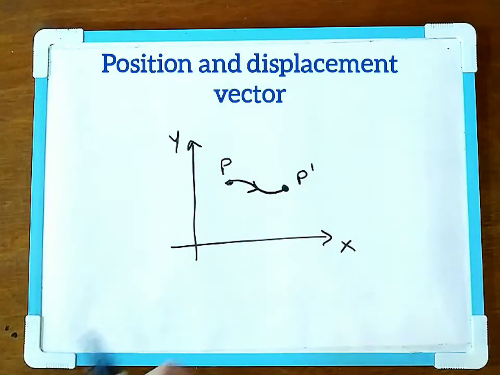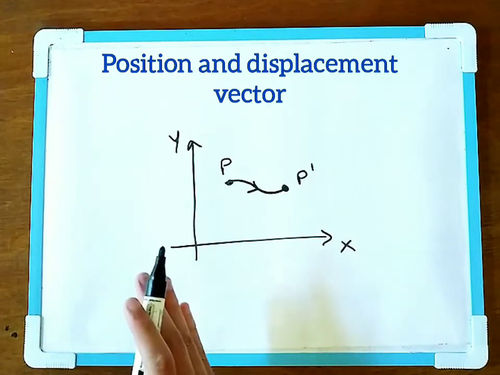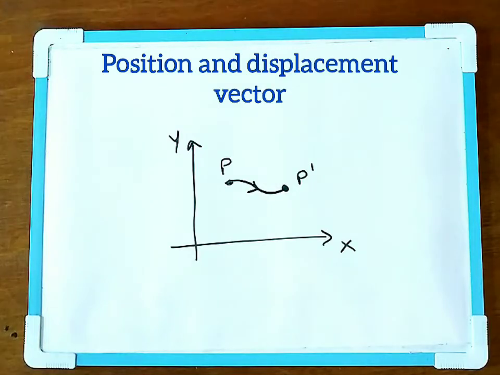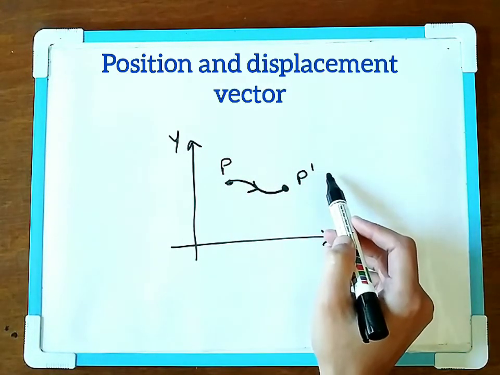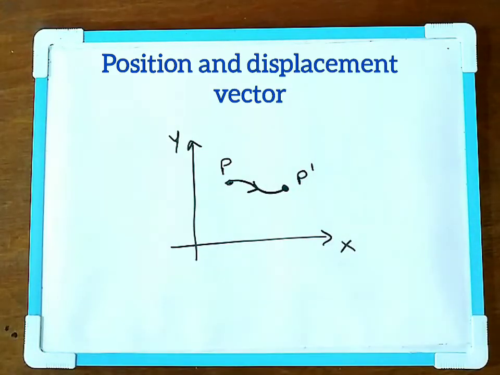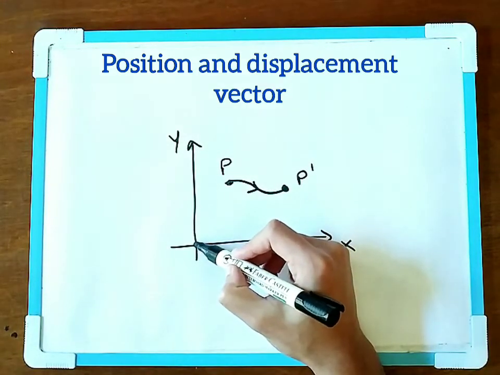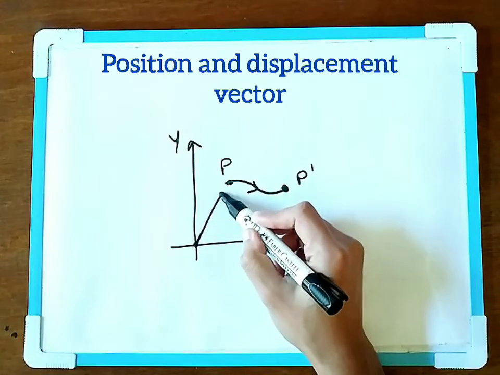Now the position of this object obviously can be taken by this X and the Y axis. You can write here XY and here X dash, Y dash. That will indicate the position of the object, or you can use the position vector OP.